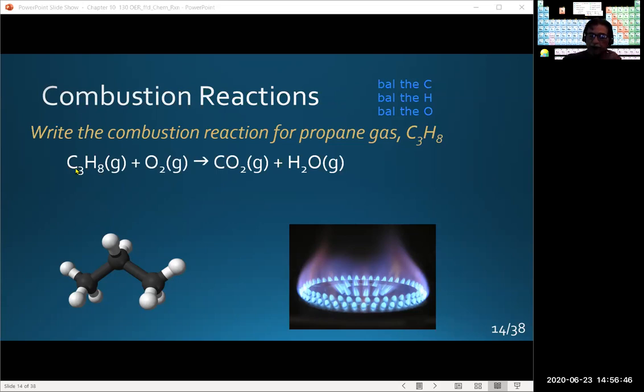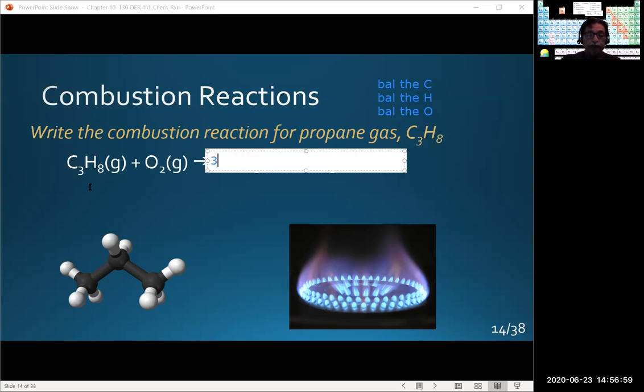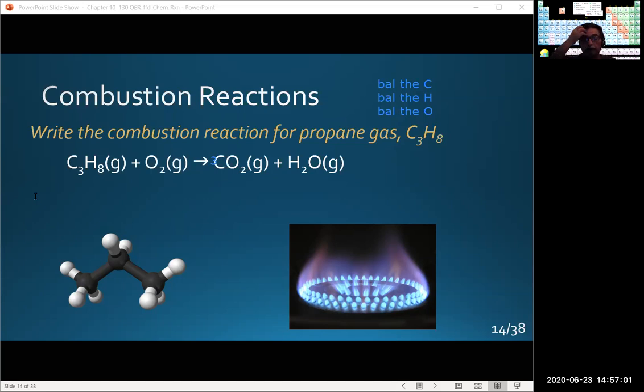Balance the carbons. We got 3 carbons as a reactant, so we need to put 3 in front of carbon dioxide. Hopefully I got enough room here to put a 3. Then next we balance the hydrogen.